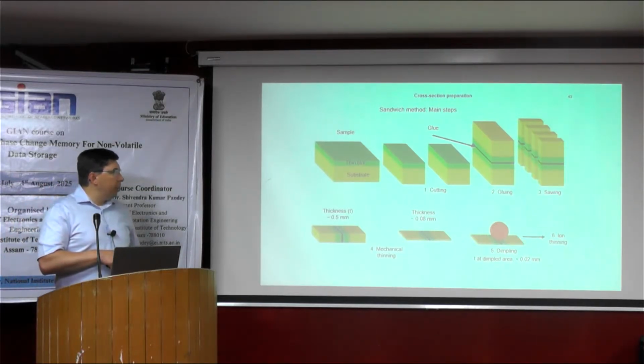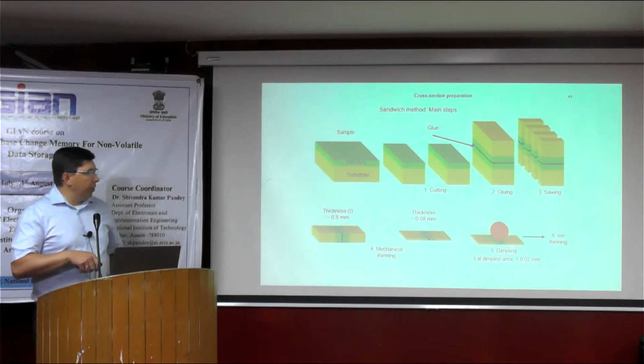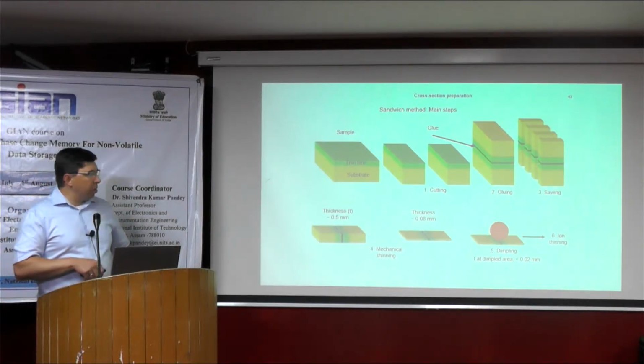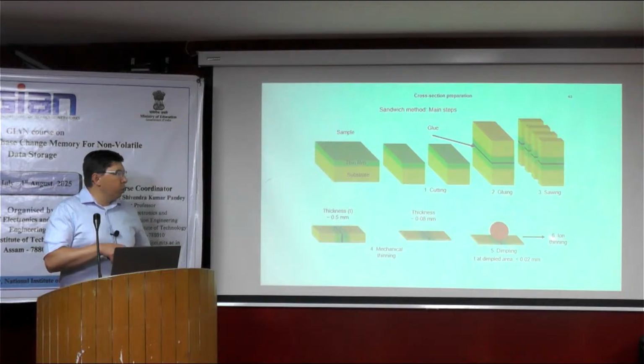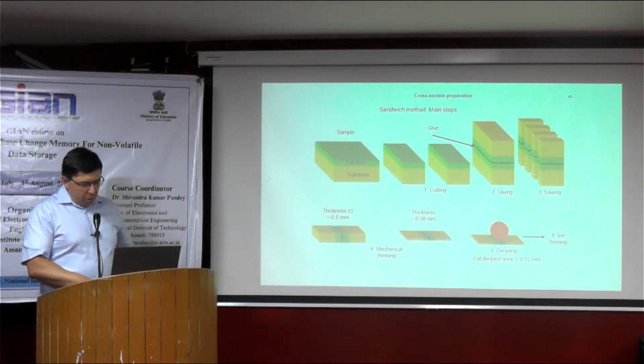Afterwards you make a dimple. You go to the dimpling system and mechanically take away some material, so the thickness of the area after dimpling can be reduced to 0.2 or even less. Again, it depends on your skills. Then you go to ion milling and process your specimen.